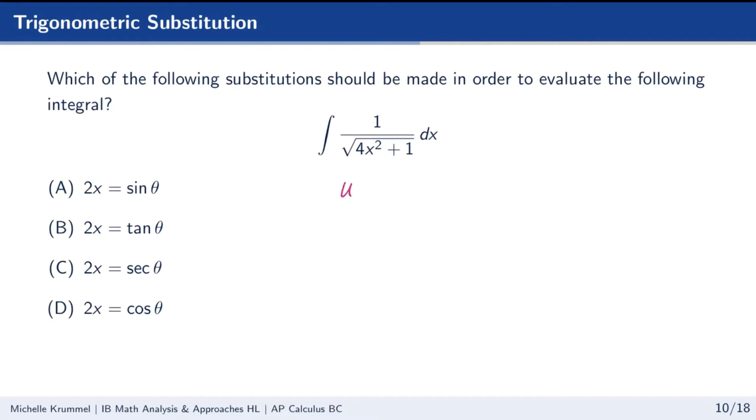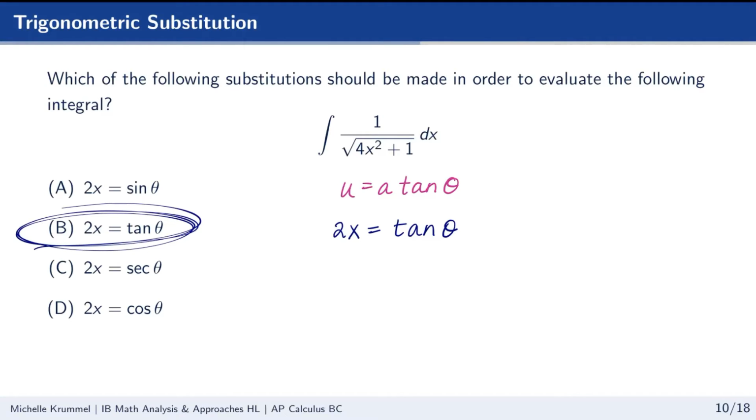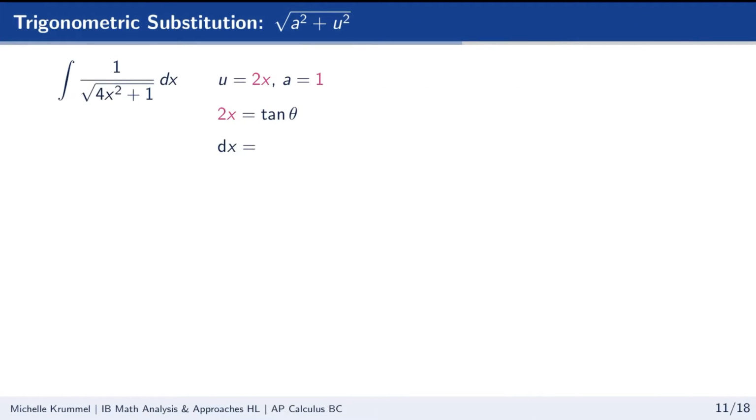We're going to use u equals a tan theta. The u is 2x. The a is 1. So 2x equals tan theta. That's the substitution we're going to want to make. So here we are, 2x equals tan theta.